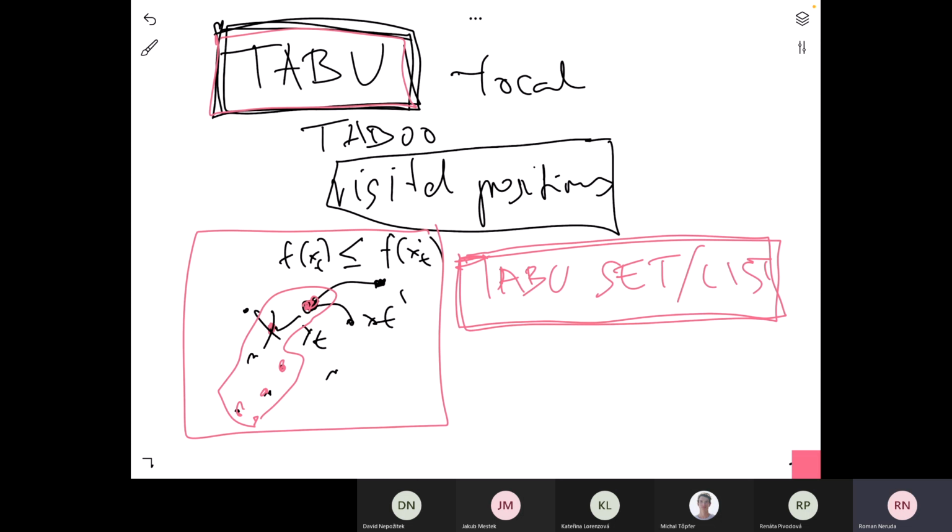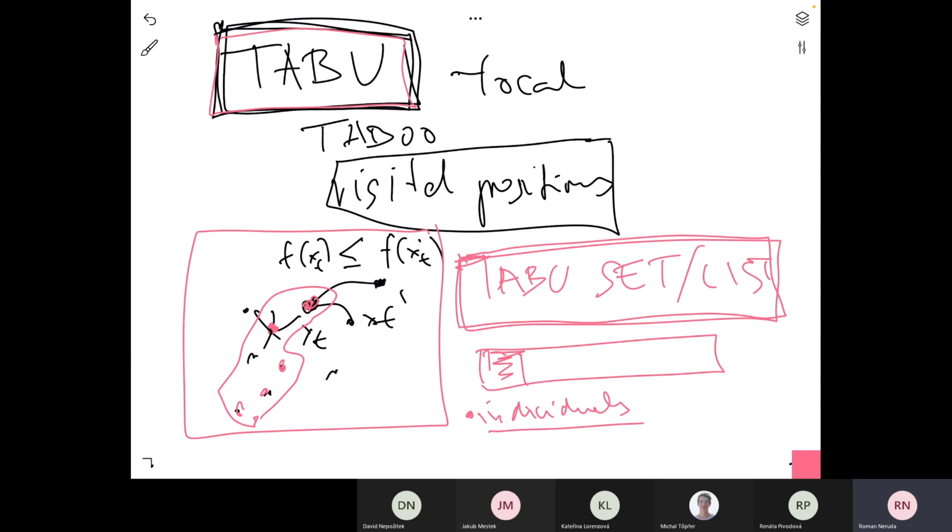In the algorithm, the simple implementation of the taboo list is that we have some kind of buffer where we put, and now the important thing is what we put there. You can either put the individuals. This is not the standard way. You are not trying to put the individuals there because the individuals can be big.